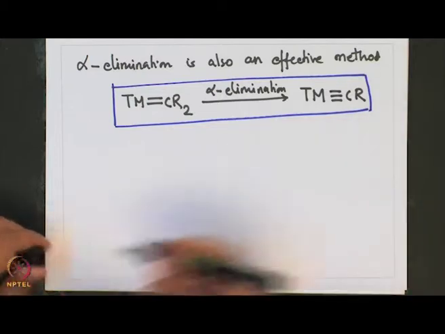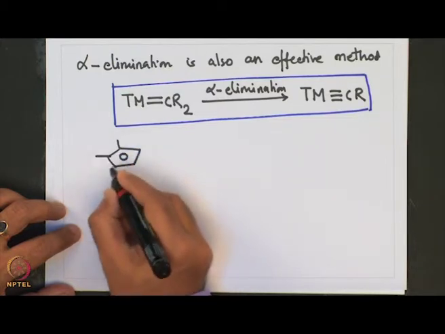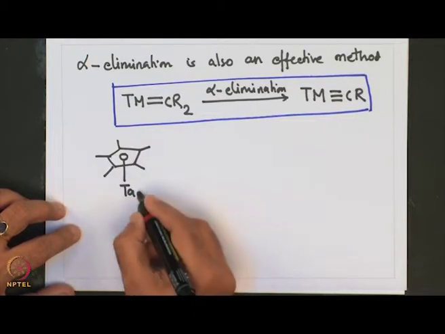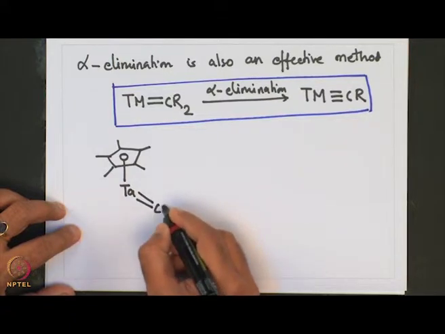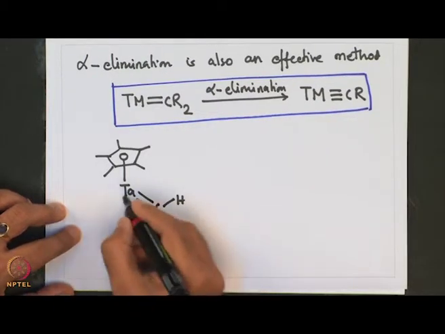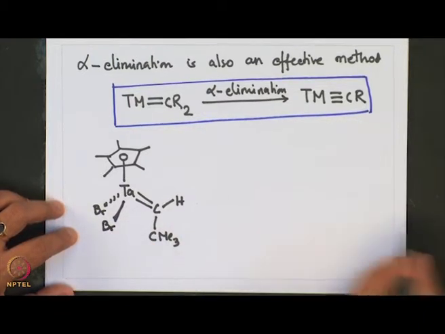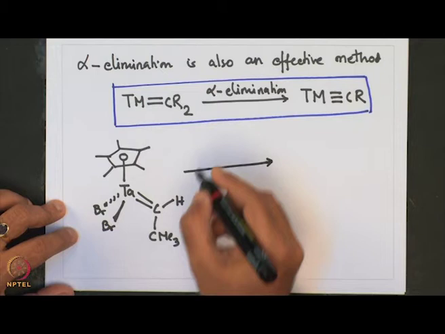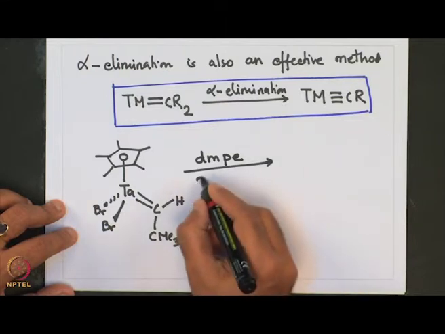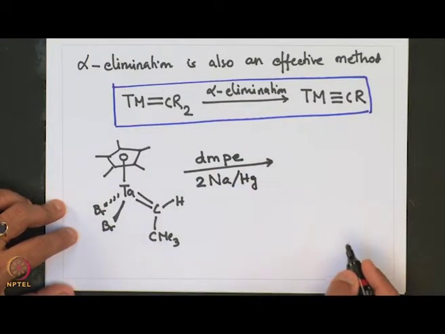So, here is an example of the same, when Cp* tantalum CHCMe3 reacts with DMPE in presence of sodium amalgam, which is a reducing agent.